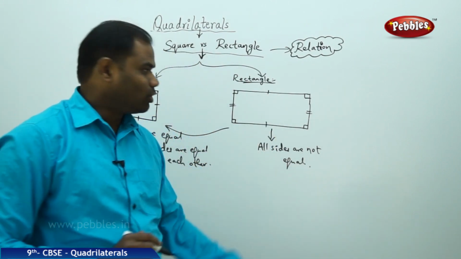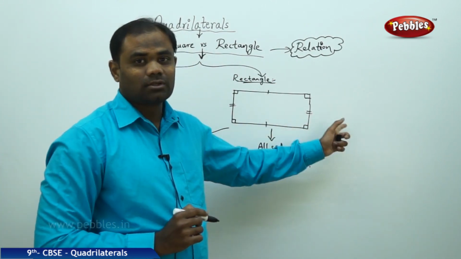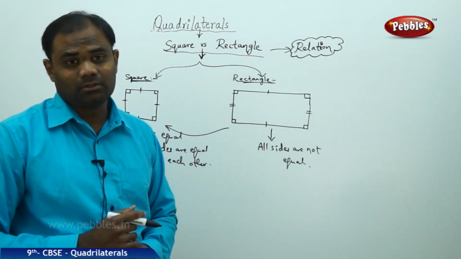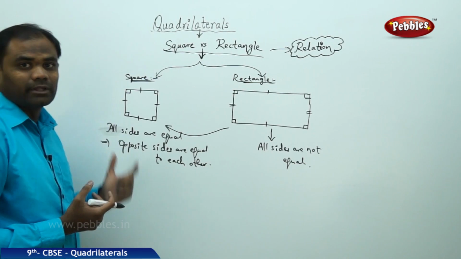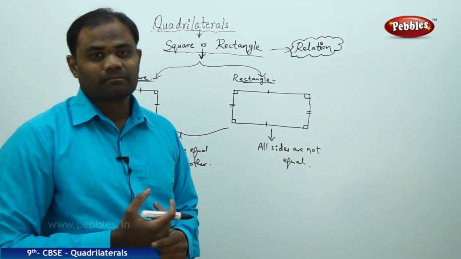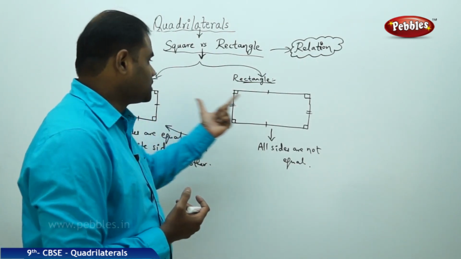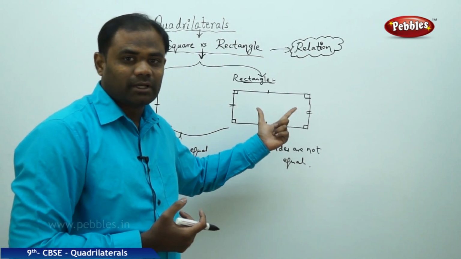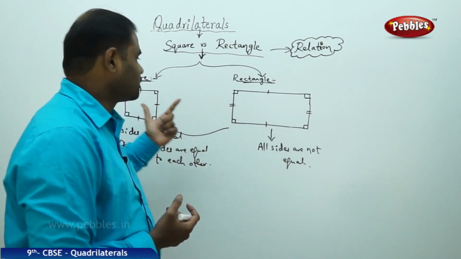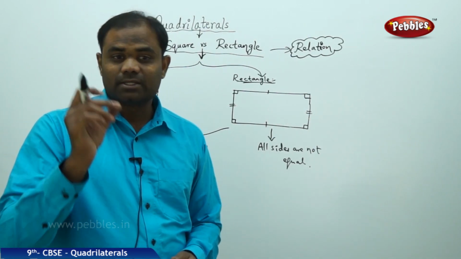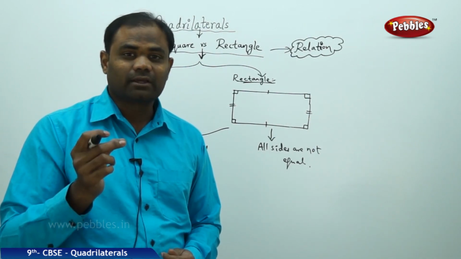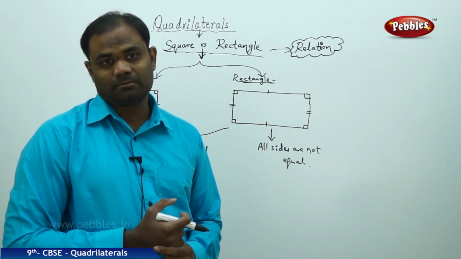We only have the opposite sides equal, but all sides are not equal, which is an essentiality for a square. Therefore, we can say that every square retains the properties of a rectangle, but every rectangle does not retain the properties of a square. Therefore, every square is a rectangle, but every rectangle is not a square.